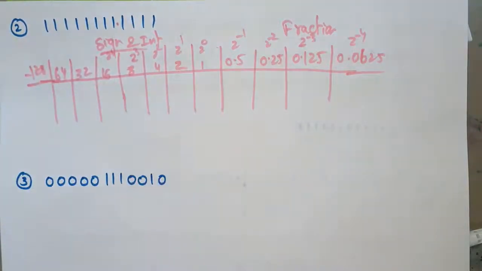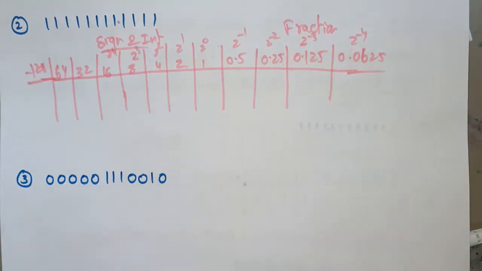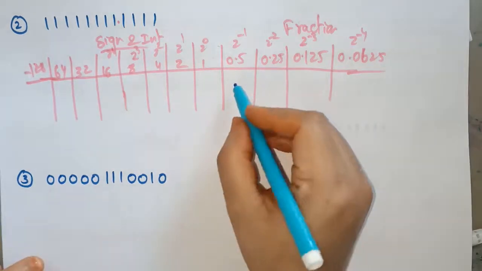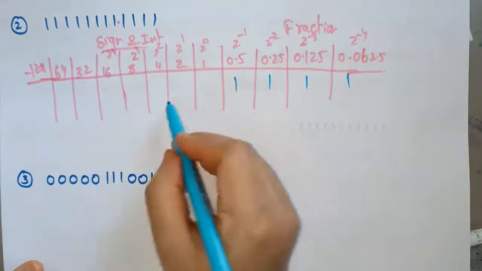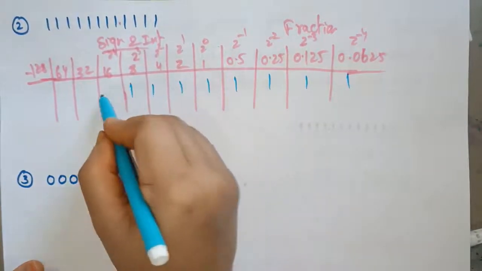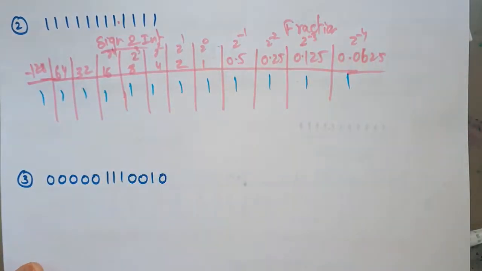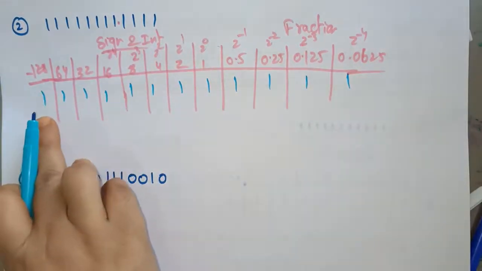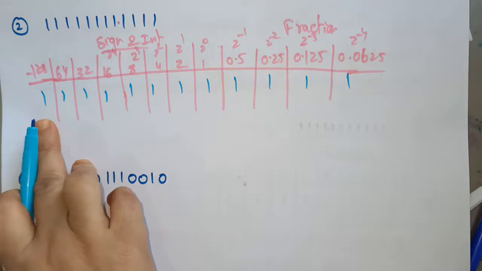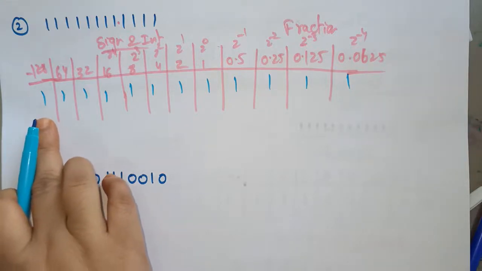Now enter the values. 1, 1, 1, 1, this is the fraction part, and coming to the integer part, all are ones. Now multiply with this. The last bit is 1, which means it is a sign bit, so this is a negative number.